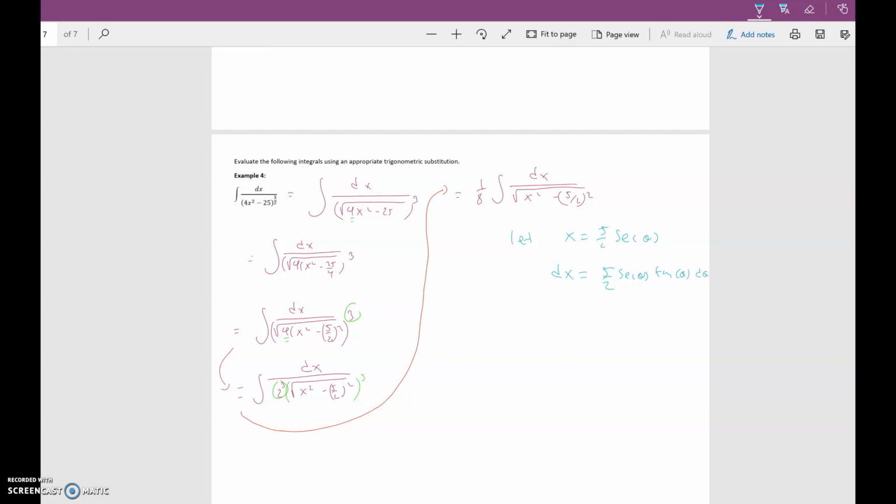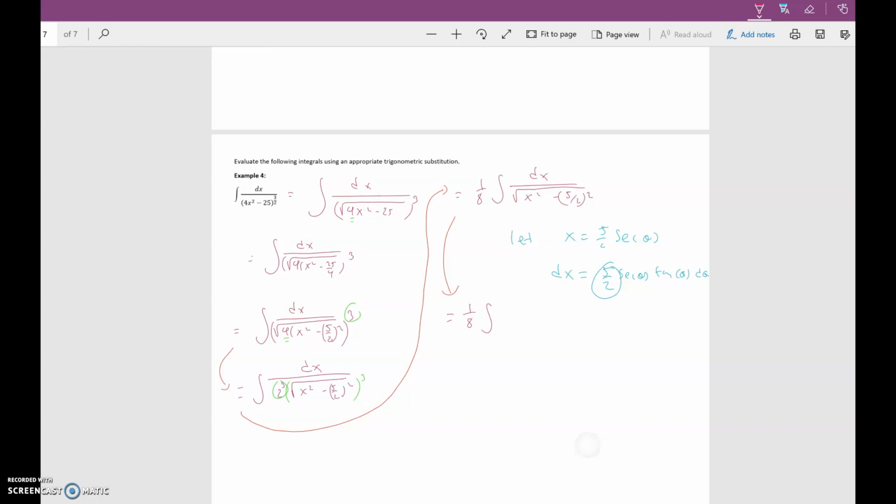And we just made a mess. So let's not forget about the 5/2. And let me rewrite the problem. So this is equivalent to 1/8 integral of, instead of dx, we're going to have the 5/2. So I'm going to put the 5/2 on the outside.